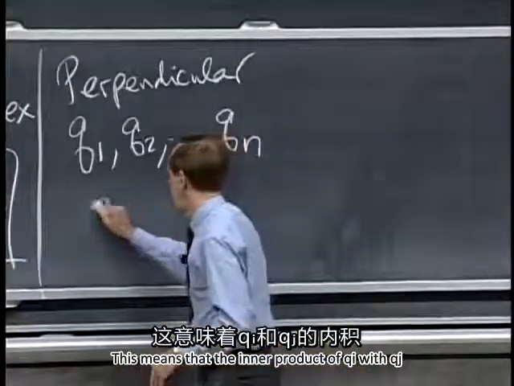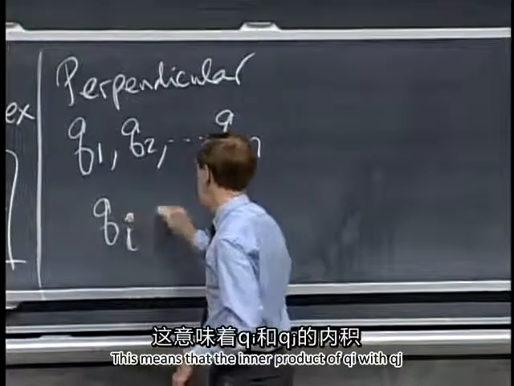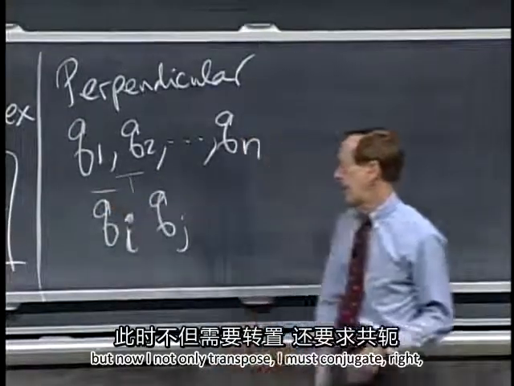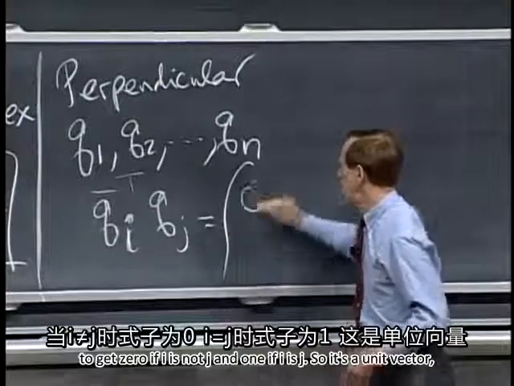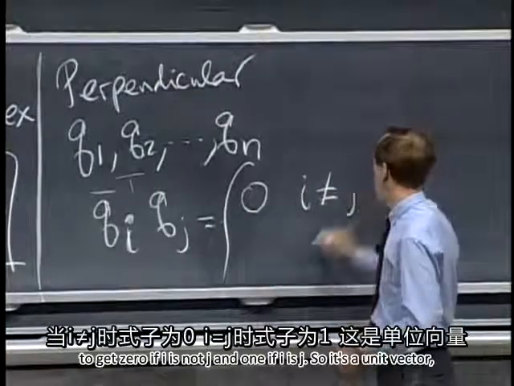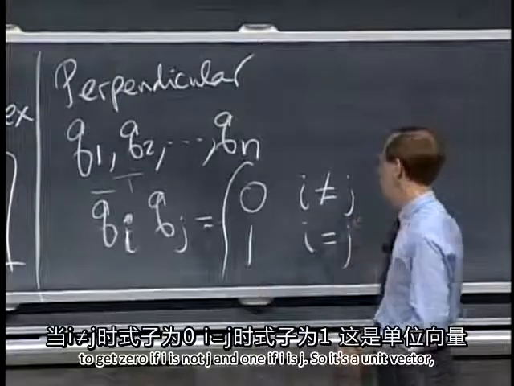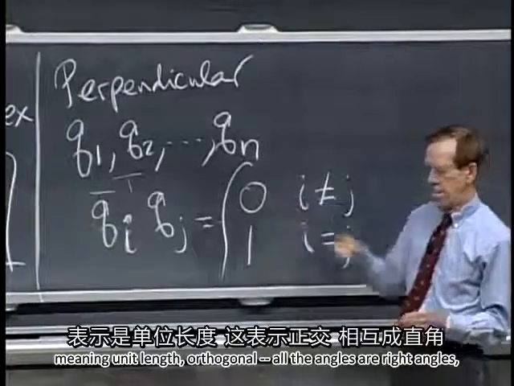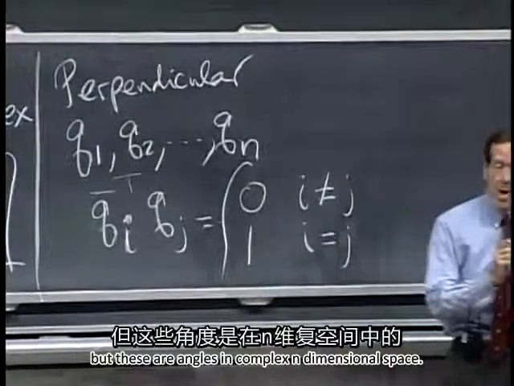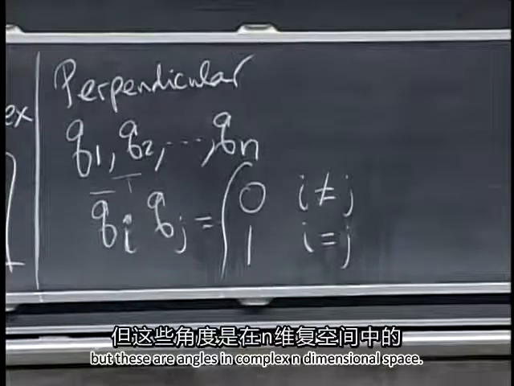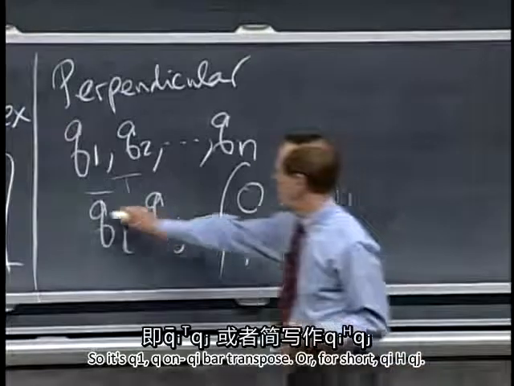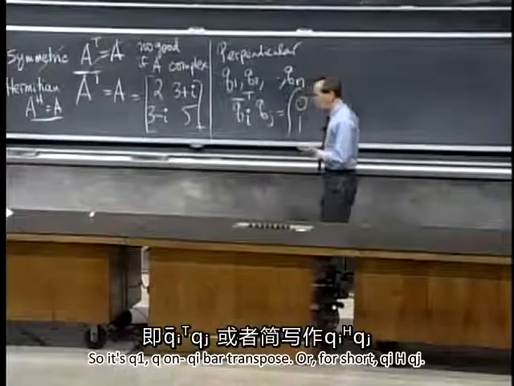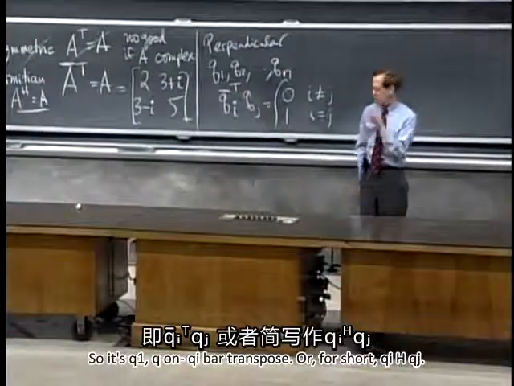This means that the inner product of Qi with Qj, but now I not only transpose, I must conjugate, to get 0 if i is not j, and 1 if i is j. So it's unit length, orthogonal. All the angles are right angles, but these are angles in complex n-dimensional space. So it's Qi bar transpose Qj, or for short, QiH Qj.